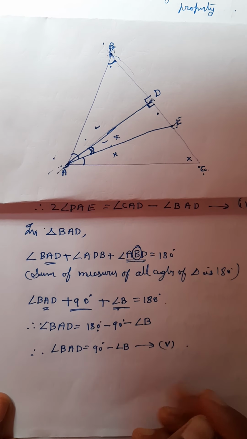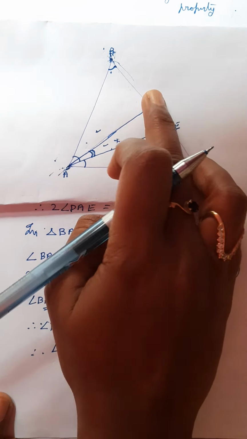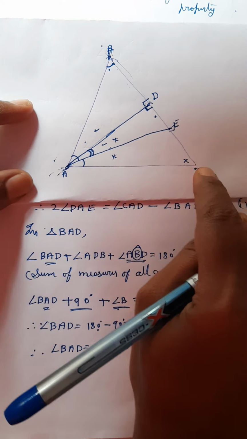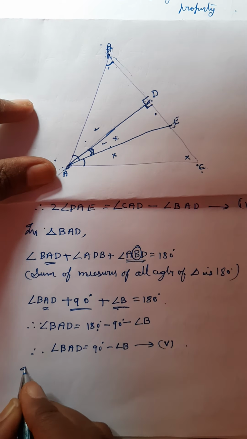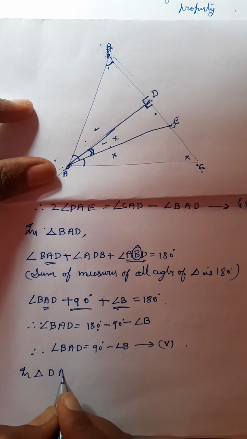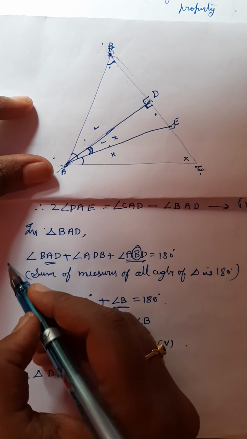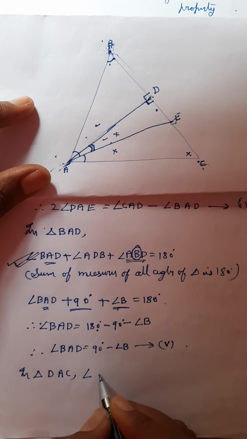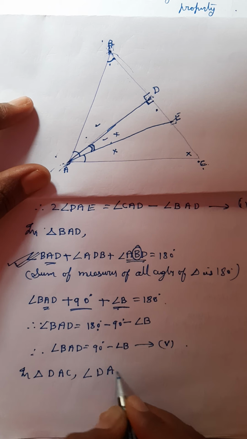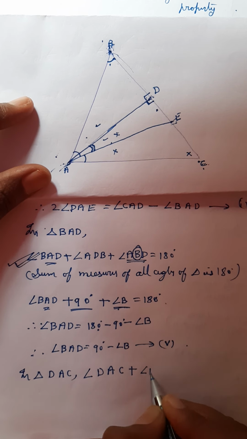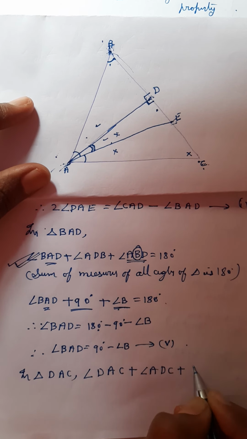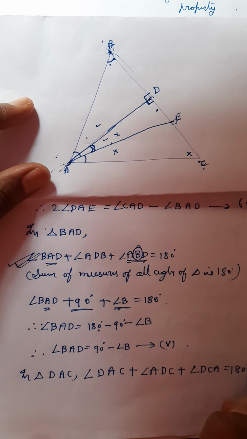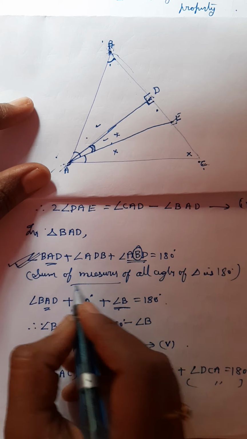Similarly, we will focus on another triangle, that is DAC. This angle we will take. So in triangle DAC, again we will use the same method, that is angle DAC plus angle ADC plus angle DCA equal to 180 degree. You can write the property whatever written here.